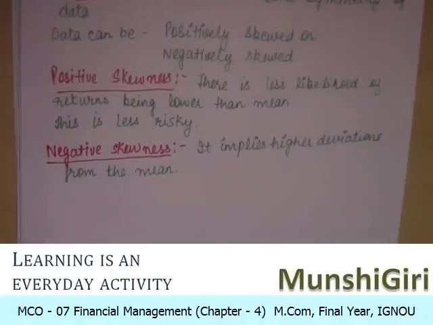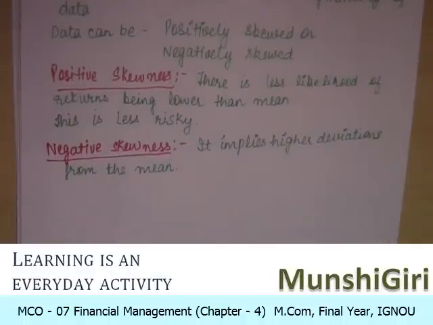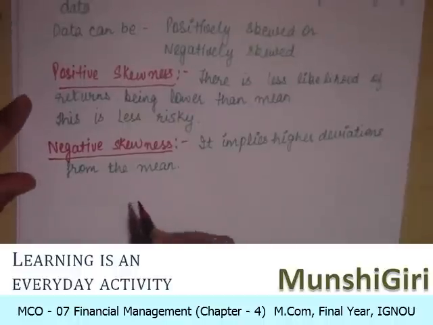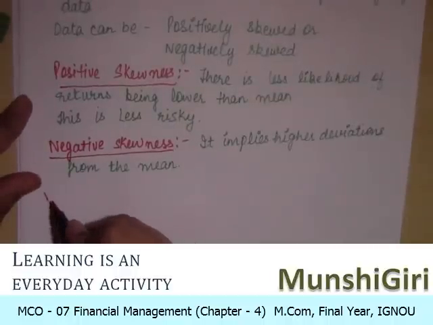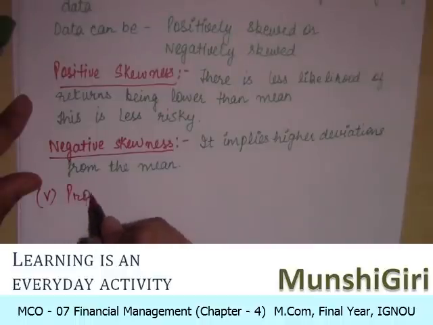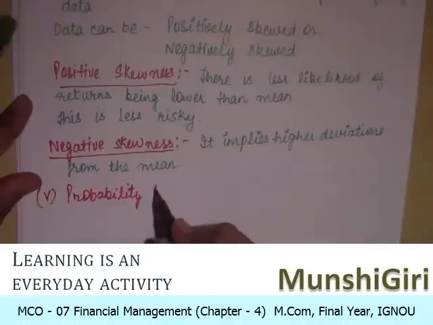The fifth and the last measure of risk is probability distribution.